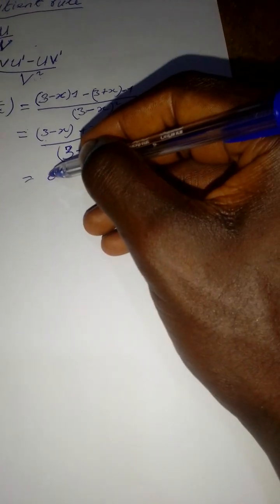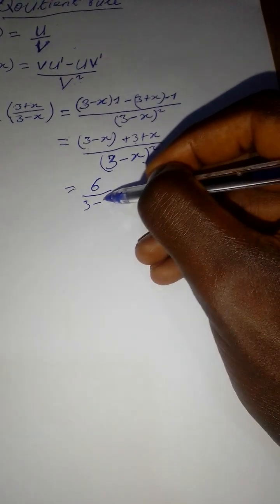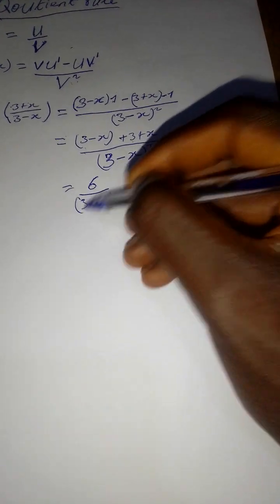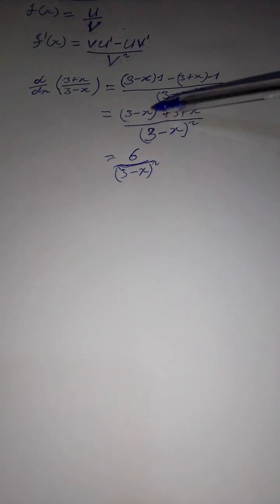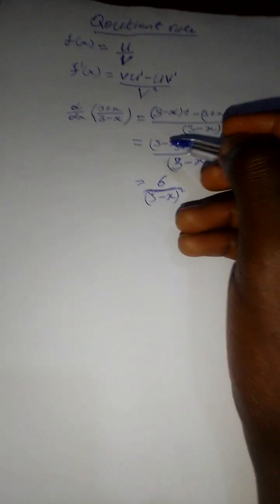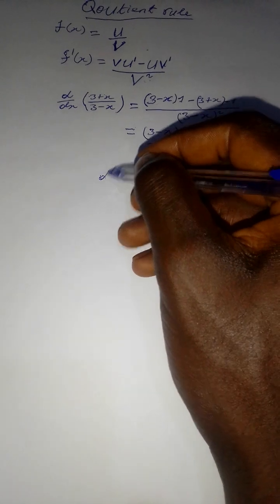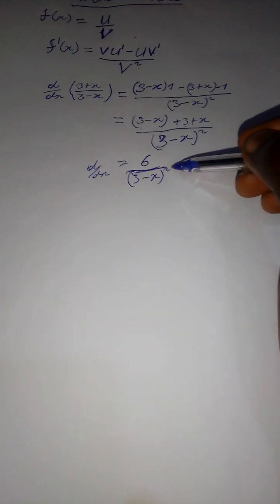So the answer to this is 6 divided by 3 minus x, all that squared. So this is how the quotient rule works. Our dy/dx here will simply be equal to this.